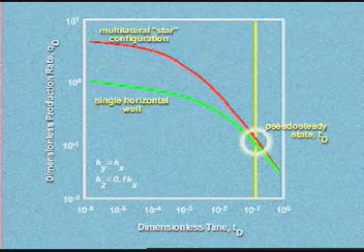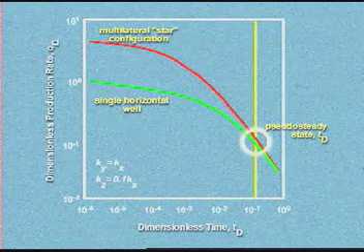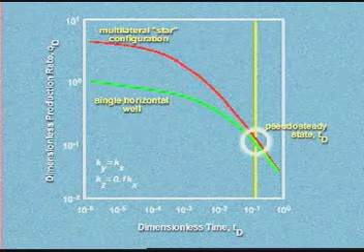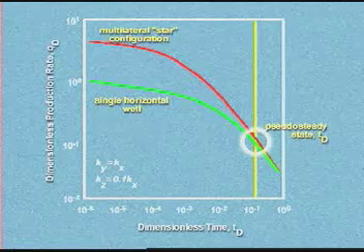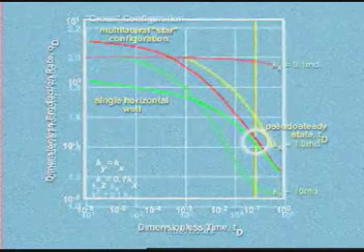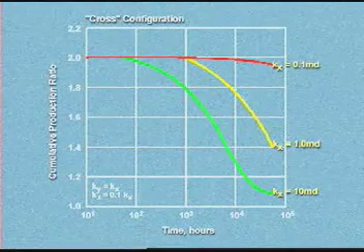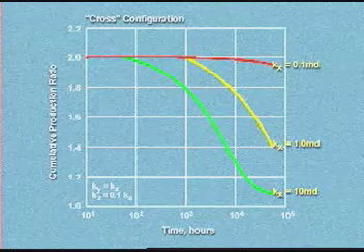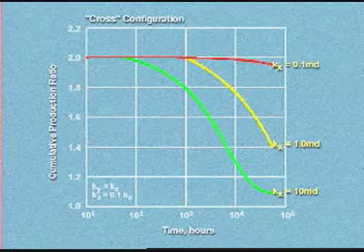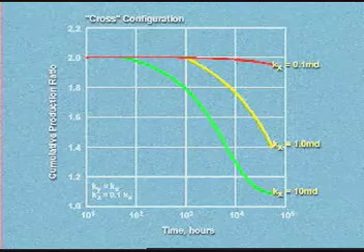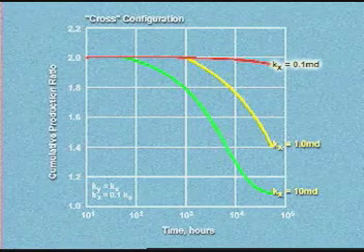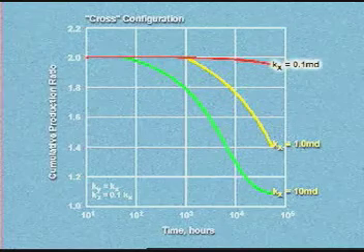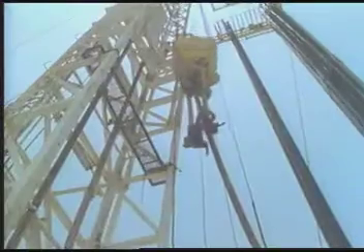In other words, the productivity index of a multilateral star configuration will eventually converge to that of a single horizontal well. But in lower permeability formations, this convergence may take a relatively long time to occur, thereby allowing multilaterals to attain recoveries that are significantly higher than those from single horizontal wells.